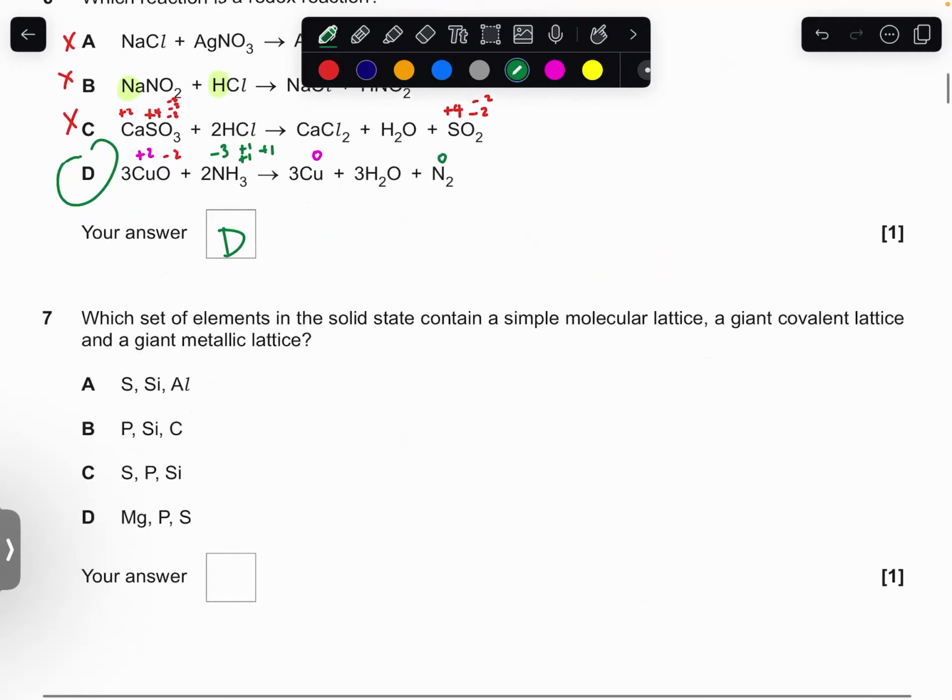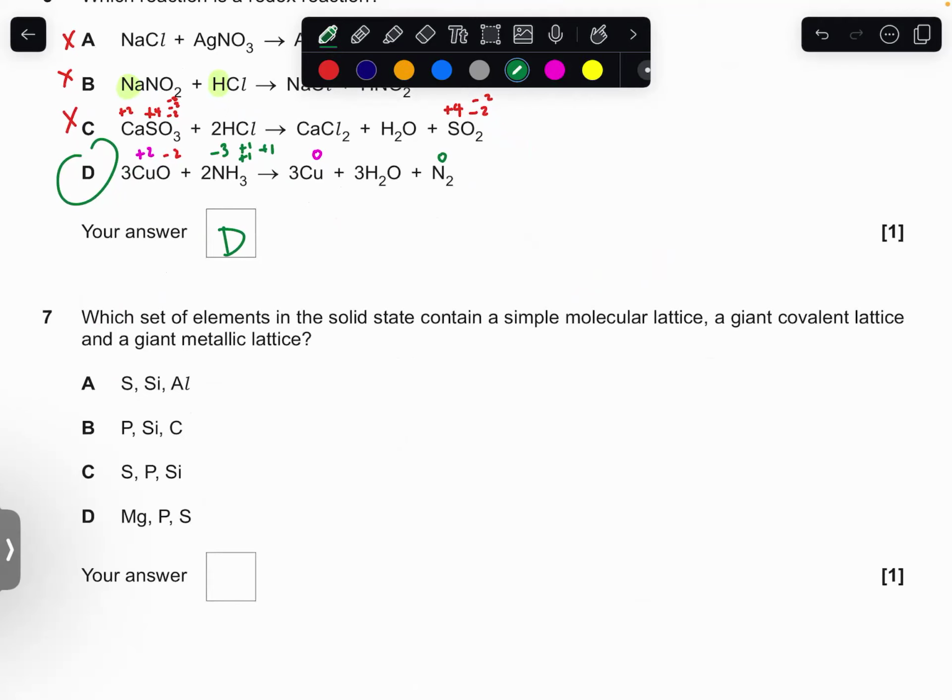Which set of elements in the solid state contain a simple molecular lattice, then a giant covalent lattice, and then a giant metallic lattice? So a simple molecular lattice can be sulfur in the form of S8 molecules, P4 molecules, S8.